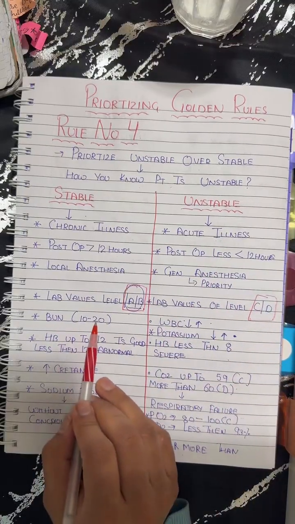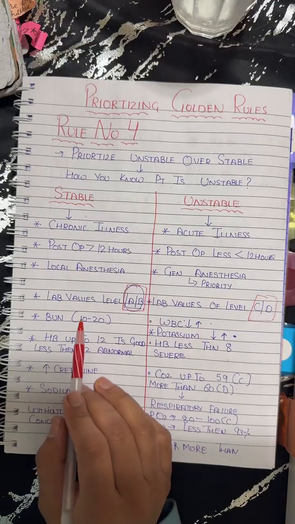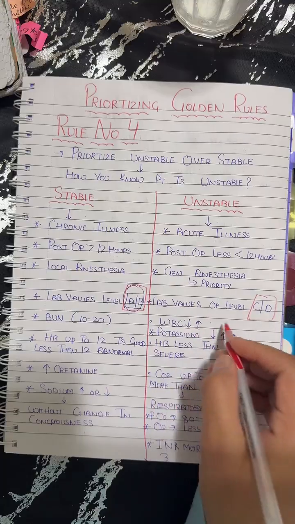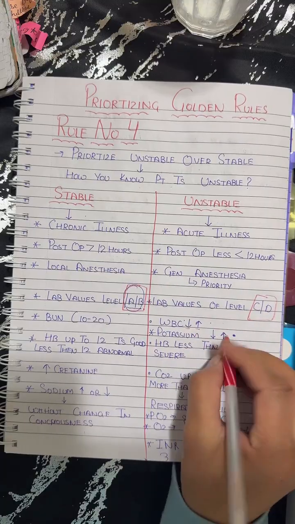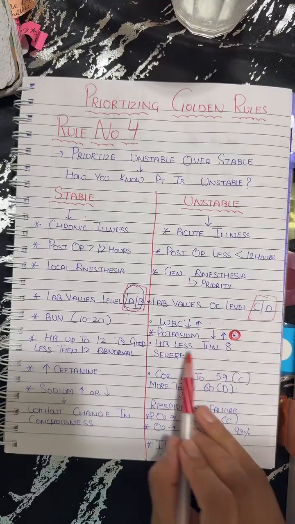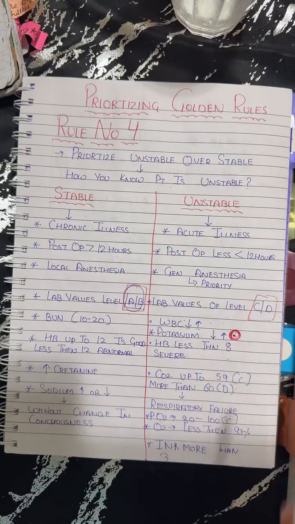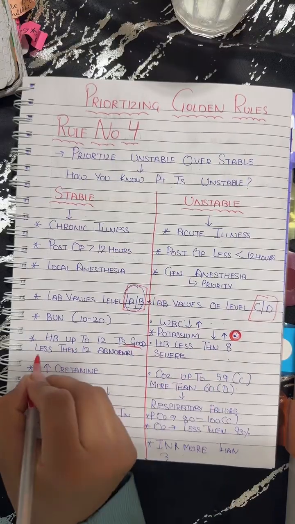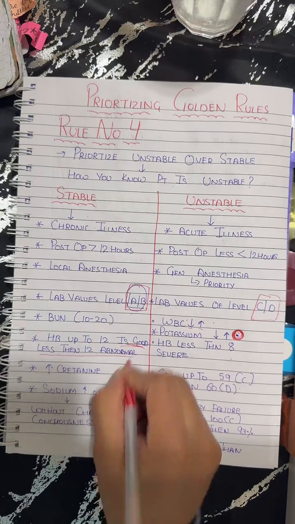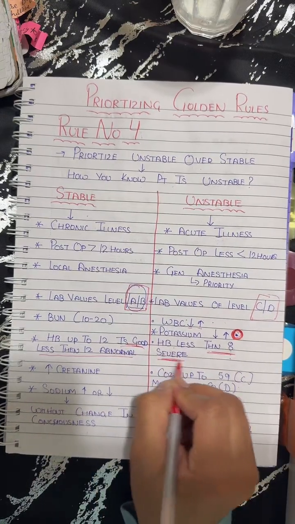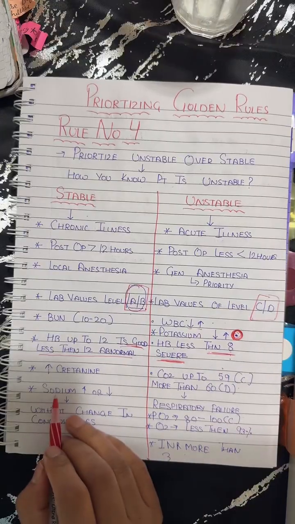BUN 10 and 20 is a stable patient. WBCs, whether decreased or increased, is an unstable patient. Potassium, even a single fluctuation in potassium is an unstable patient. HB up to 12 is good, but less than 12 is abnormal. HB less than 8 is severe, unstable.